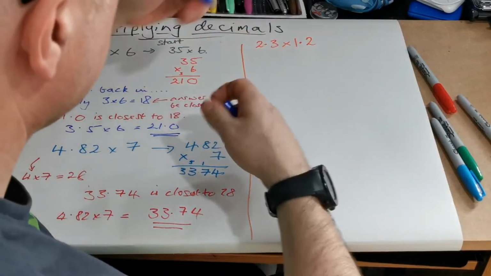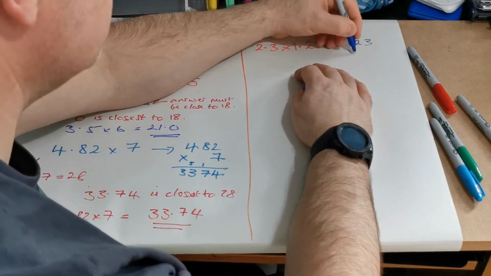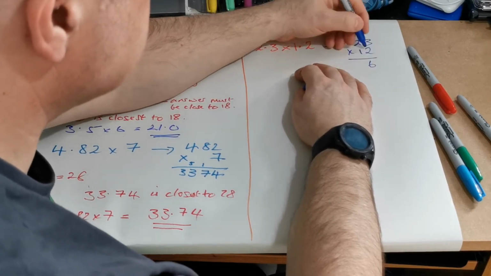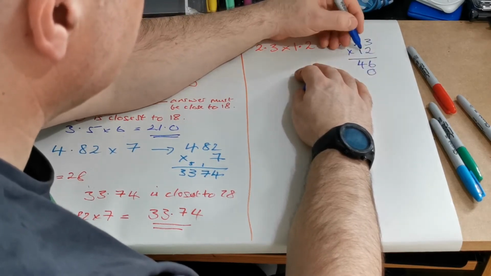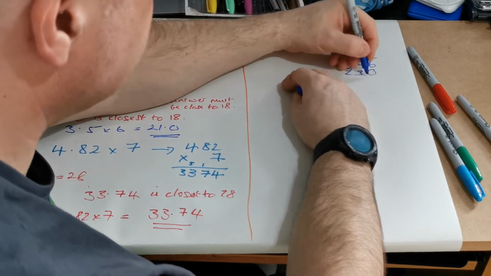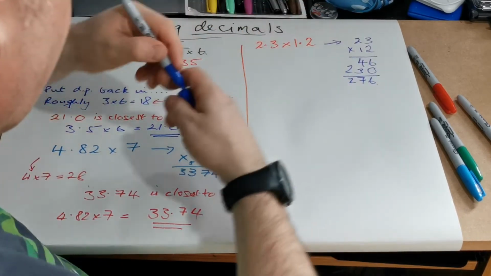I would say, okay, I'm going to do 23 times 12. 2 times 3 is 6, 2 times 2 is 4, there's 0 on the next line, 1 times 3 is 3, 1 times 2 is 2, we've got 276.